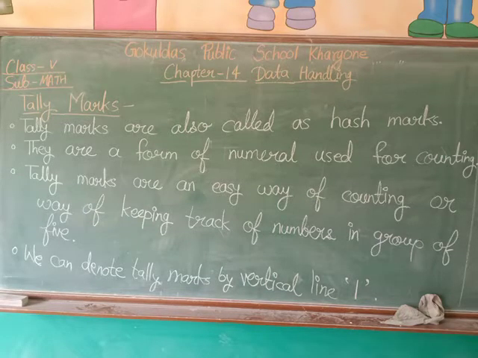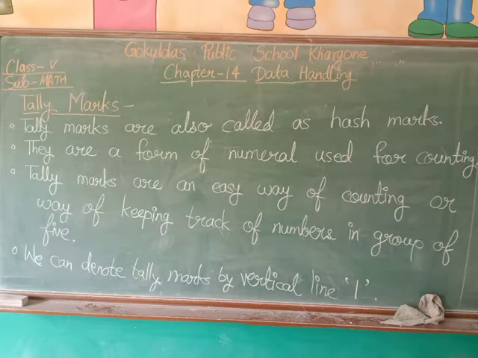One more time I am repeating. Our topic is tally mark. First point about tally mark is tally marks are also called as hash marks. Point 2. They are a form of numeral used for counting. Next point.